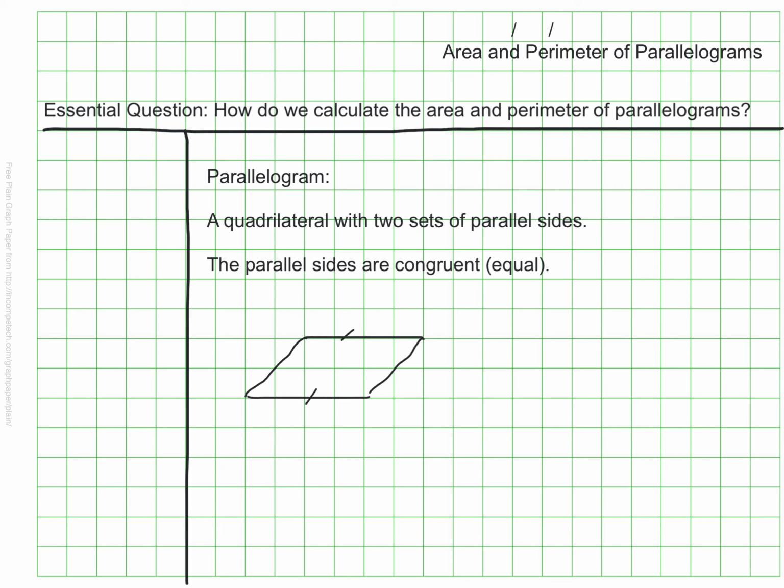We can see here the top side and the bottom are the same. They have the same tick mark as a code to show that they are the same length. They are also parallel. And these two sides, I'm going to use a different tick mark, are also congruent. They are also an equal length, and they are also parallel.